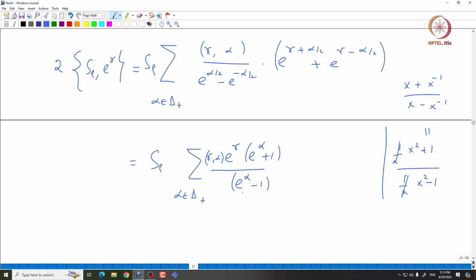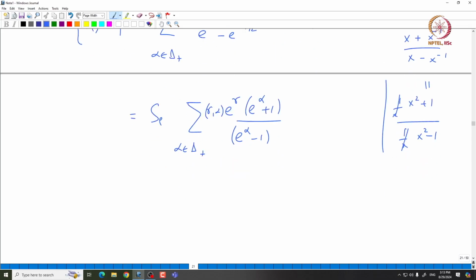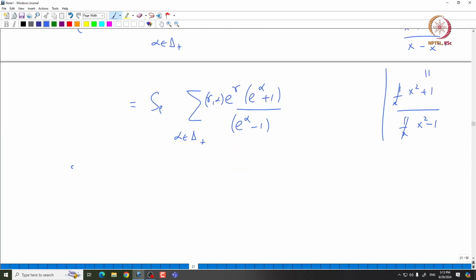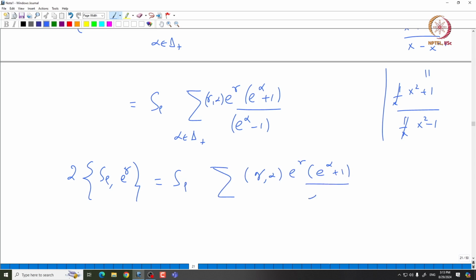So, this is the term that we are getting. You just write it like this. So, that means twice S rho comma e power gamma is given by S rho times summation gamma alpha e power gamma e power alpha plus 1 divided by e power alpha minus 1, where alpha runs over delta plus.